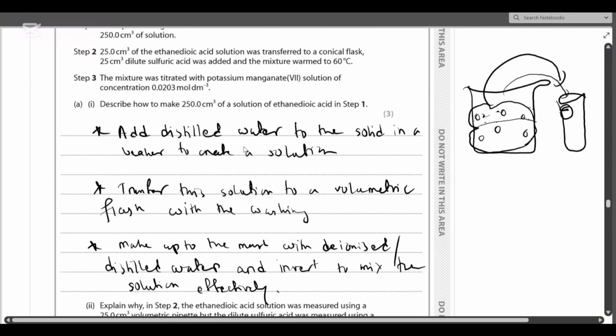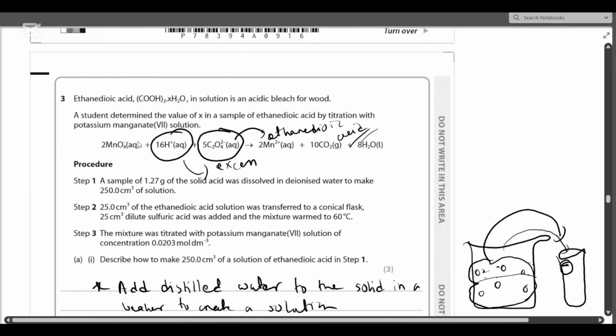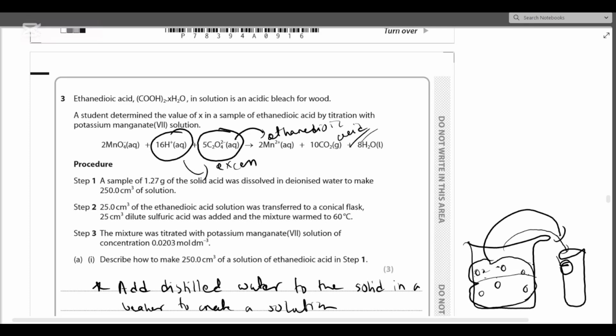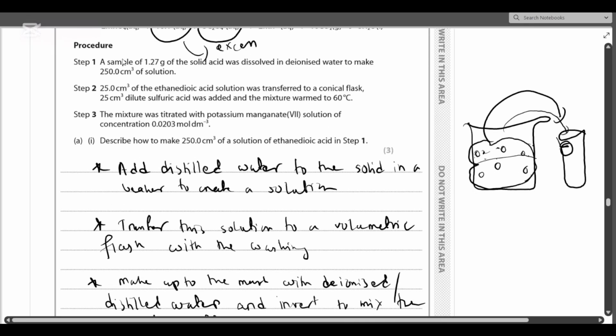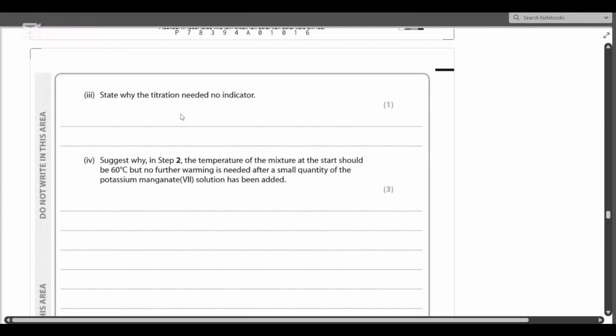Well, first of all, we can see very clearly that KMnO4 was added, and KMnO4 has its own color. So during the titration, at the end point, the KMnO4 will turn pale pink. That will act as a self indicator for the whole titration.